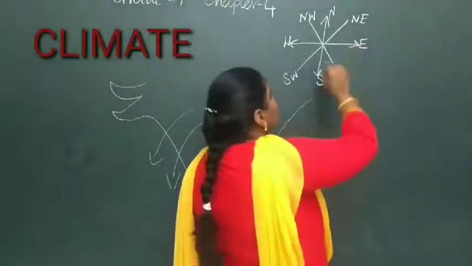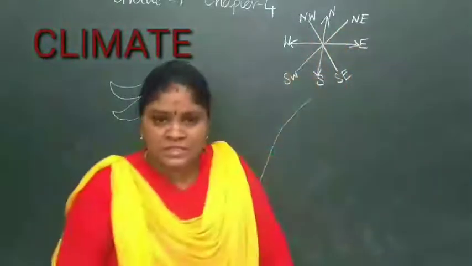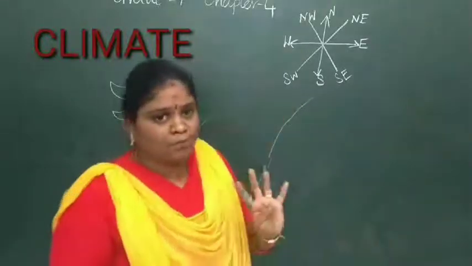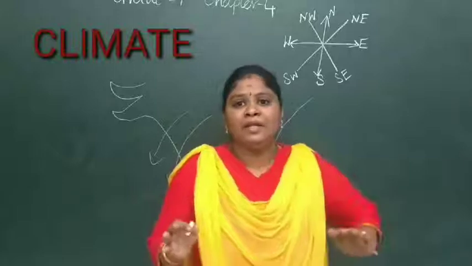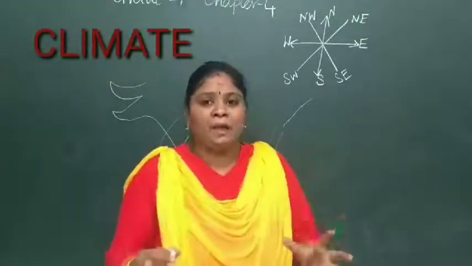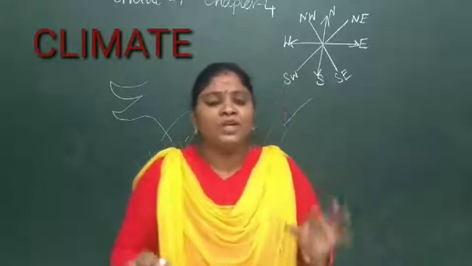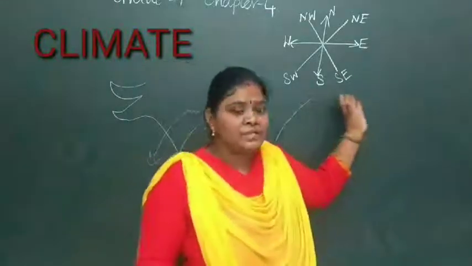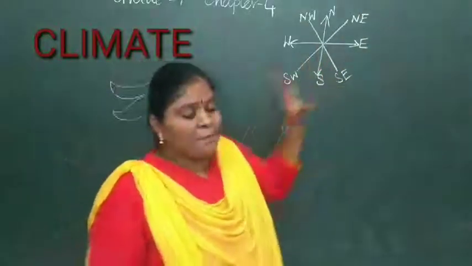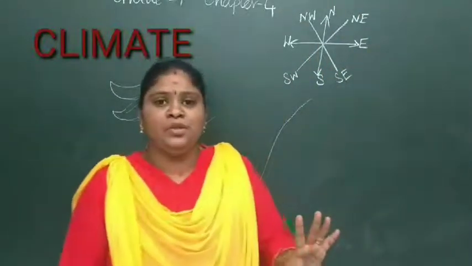That is north, south, west and east. In 9th and 10th, whenever you are plotting a map or doing the map activity, it is mandatory to place this at the top left side of your paper or the map. It is compulsory, my dear students.